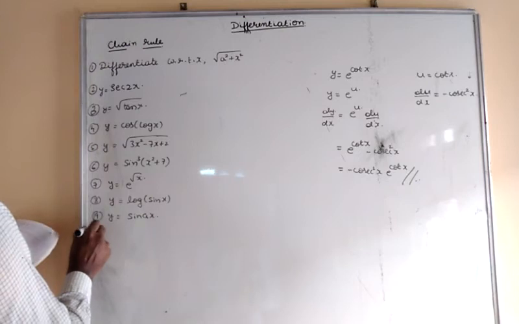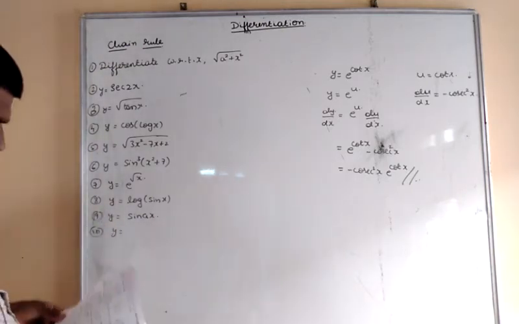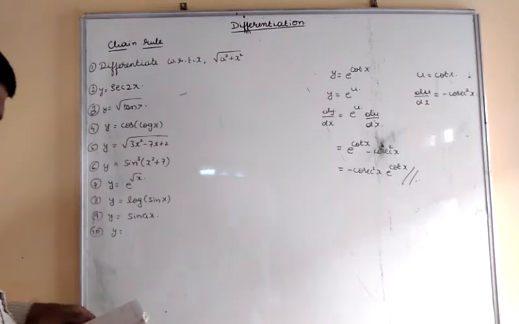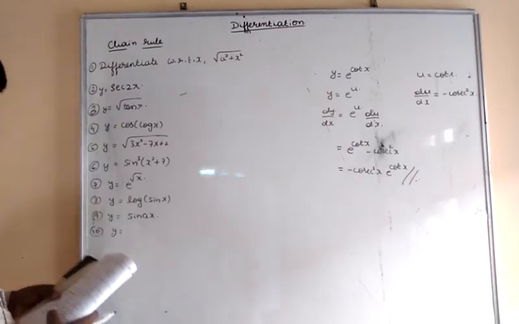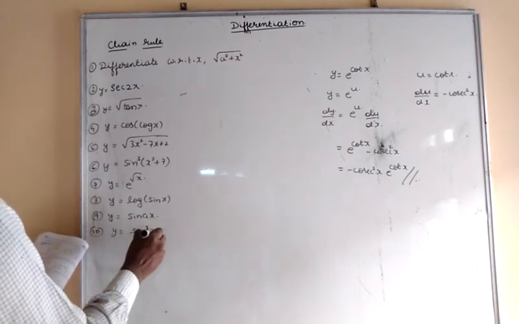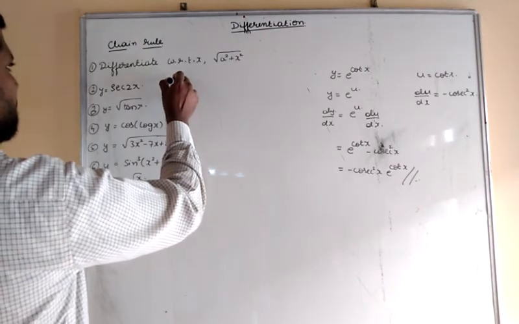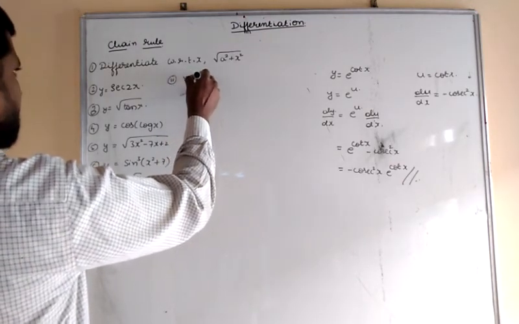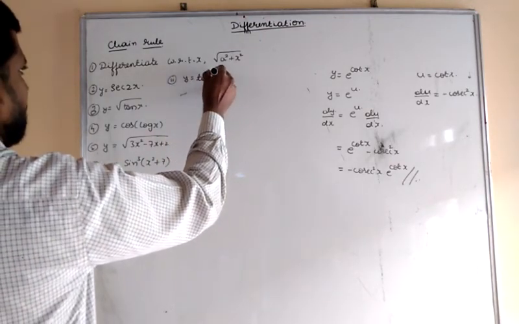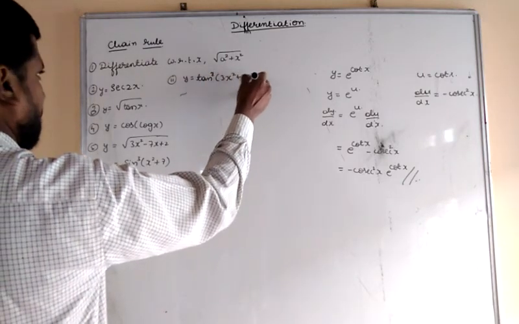Then next, y is equal to sine cube 8x. The next one, y is equal to tan to the power of 8 of 3x square plus 4.